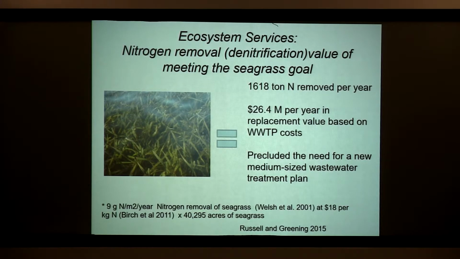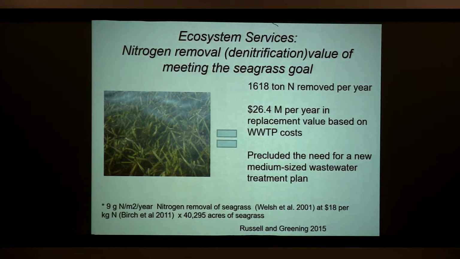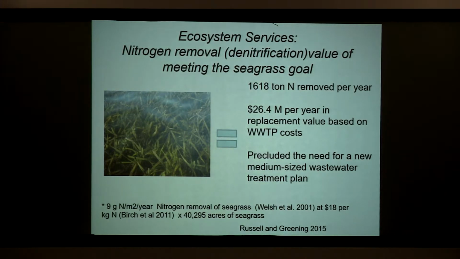The fact that we're now meeting that seagrass goal, primarily through denitrification, results in a replacement value of about $26.4 million per year, or when you put it into perspective, that has precluded the need for a new medium-sized wastewater treatment plant. Again, a different way of talking about how important a clean ecosystem is and those services that go along with healthy seagrass systems.